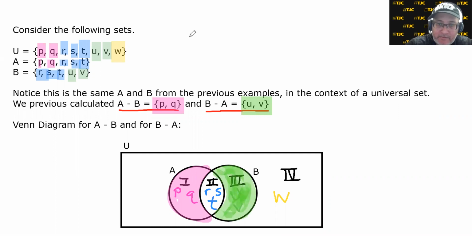That would be region 3. So now we determined which parts of this Venn diagram represent a set difference. A minus B is the left moon, or the moon that is part of A, and B minus A is the moon that is part of circle B.